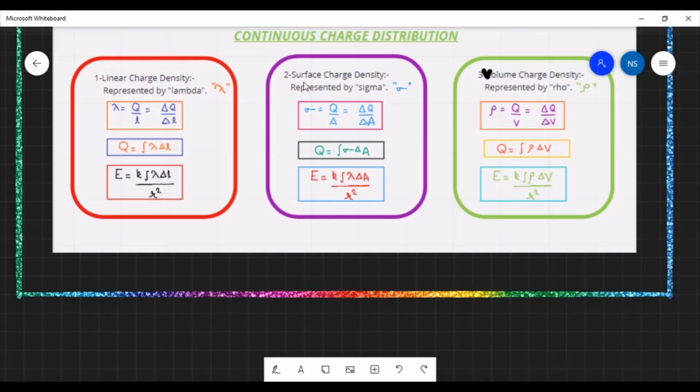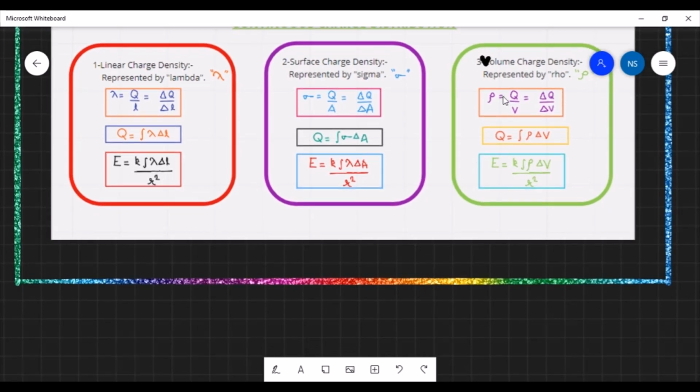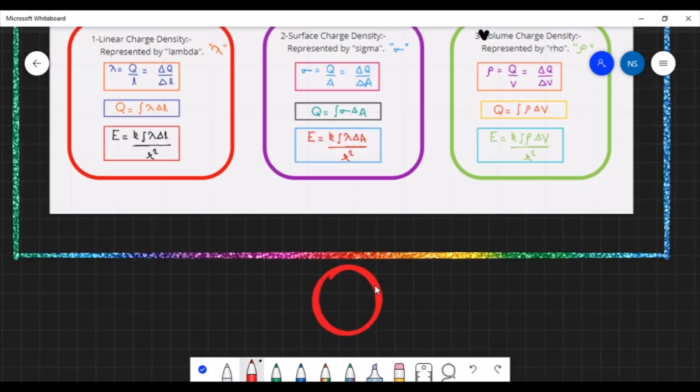Now let us understand what is surface charge density. Basically all these charge densities follow a similar concept, but surface charge density and volume charge density we can visualize. We have taken a circle over here. Let's say that we have kept a charge, or a group of charges, at the center. Now these charges will move towards the surface of this circle.